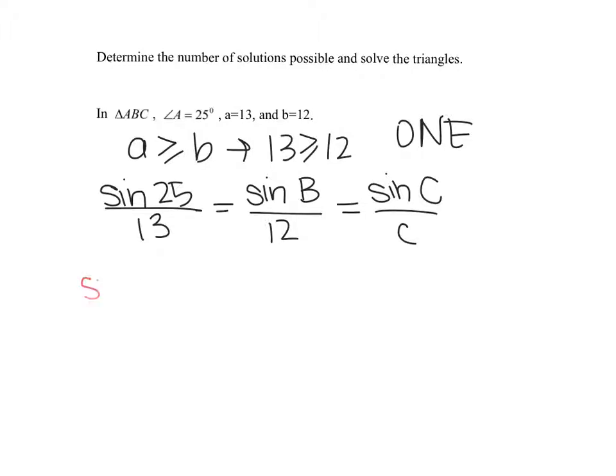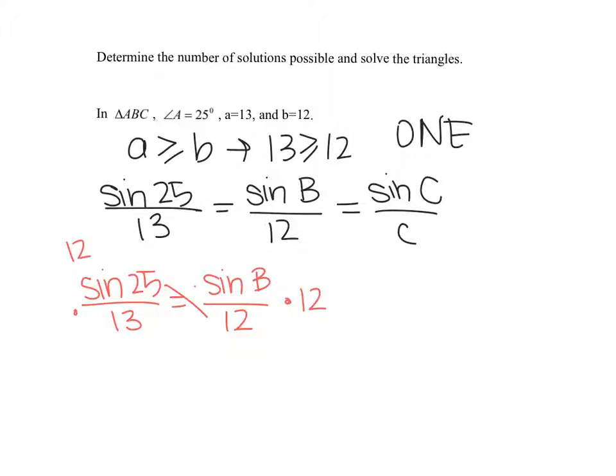So if we set up that ratio, sine of 25 over 13 equals sine of B over 12. Just like before, when we're solving for sides, we don't actually have to cross multiply. Since sine of B is in the numerator, all we have to do to get sine of B by itself is multiply both sides by 12.